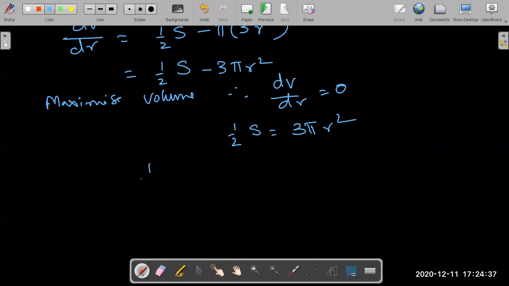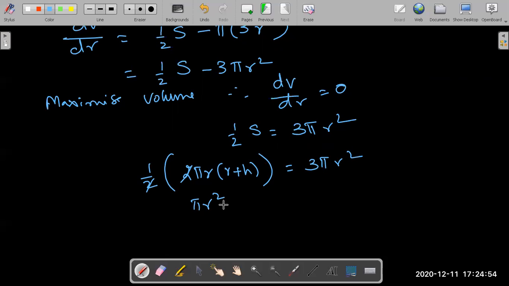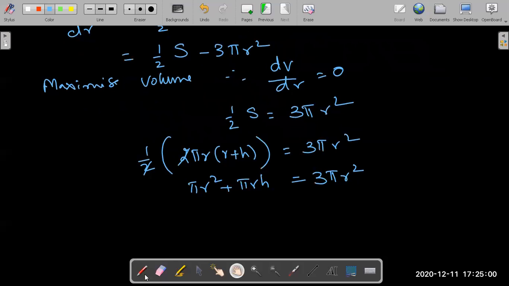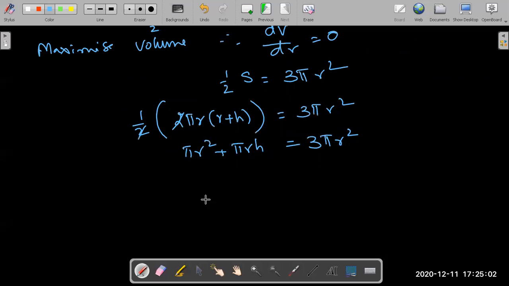S is equal to, we have done already, 2 pi r into (r plus h): 2 pi r square and 2 pi r h. This is what S is, so this 2 gets cancelled. That's equal to 3 pi r square. Now open the bracket, we get pi r square plus pi r h equal to 3 pi r square. Take this pi r square to the other side.